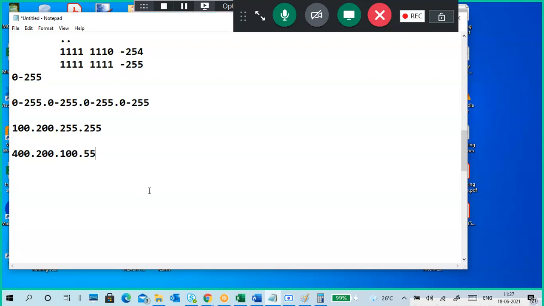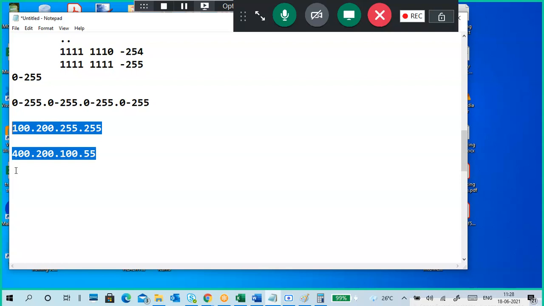So this is the question, right? Which one is a valid IP address? This one or this one? First one or second one? First one, sir. And why not the second? Because it can only be between 0 and 255, but it is starting at 400 here.